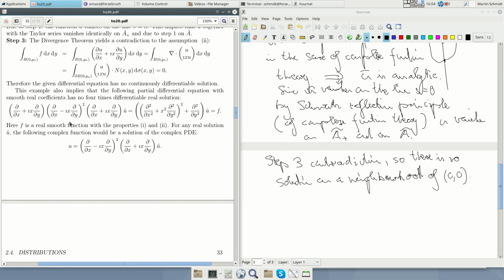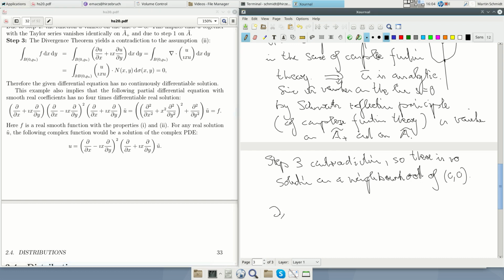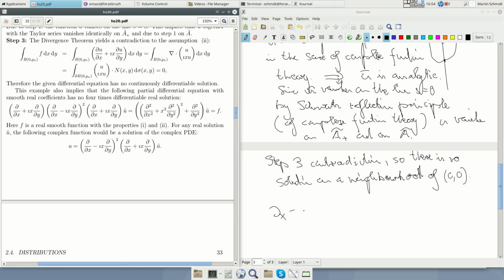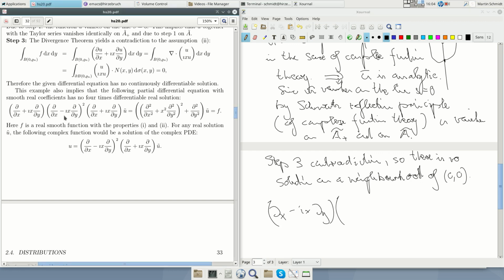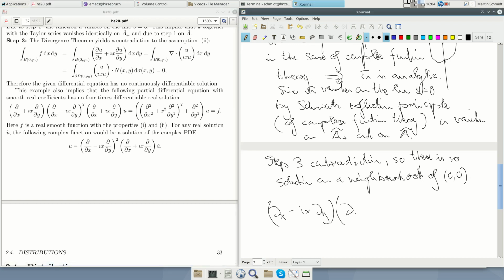Maybe I just do the calculation to explain how one gets this here. I first do the calculation for the first two, and abbreviate this by dx plus ix dy. What we get if we calculate this expression: we get dx squared, and here we get minus i squared, which is plus x squared dy squared. And now be careful.